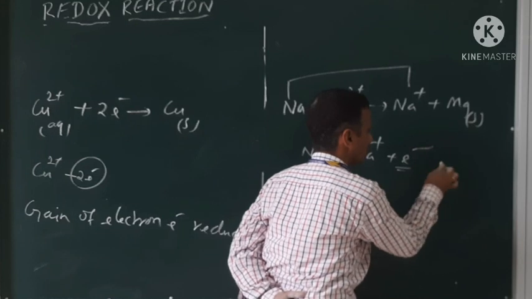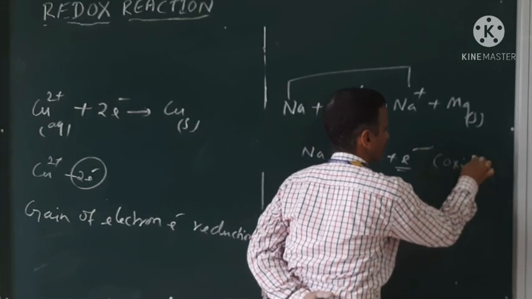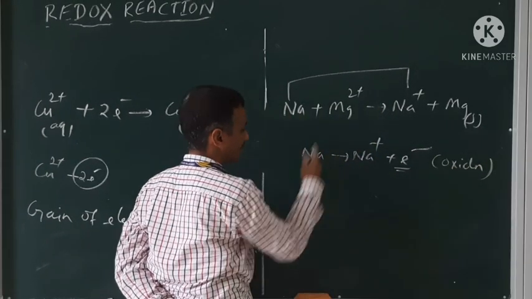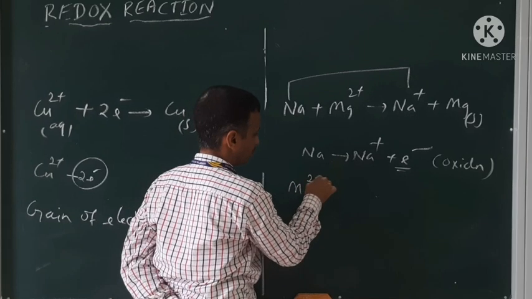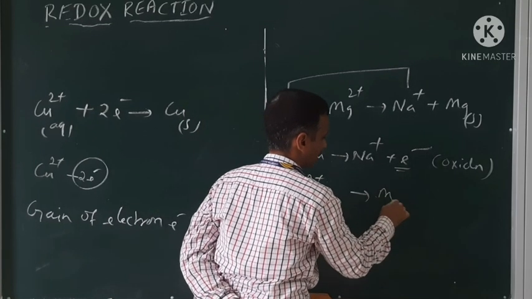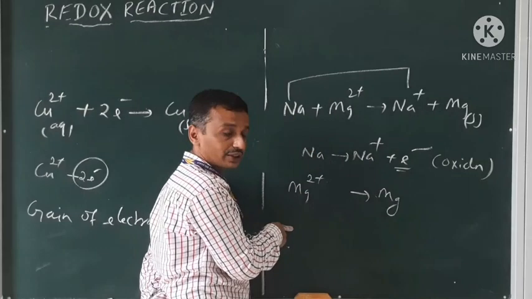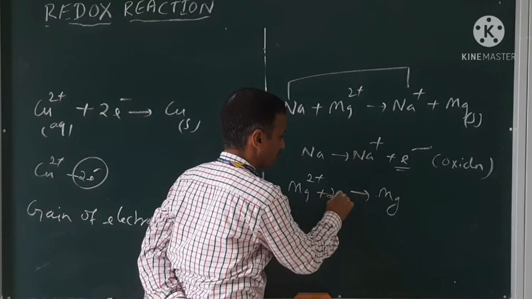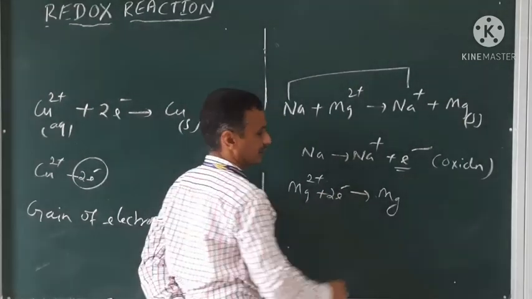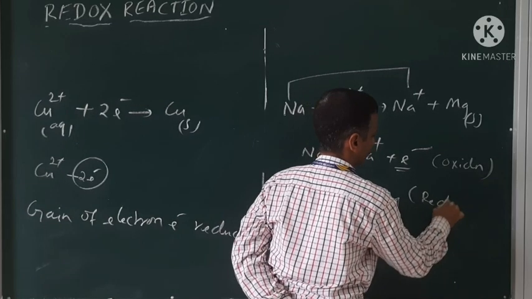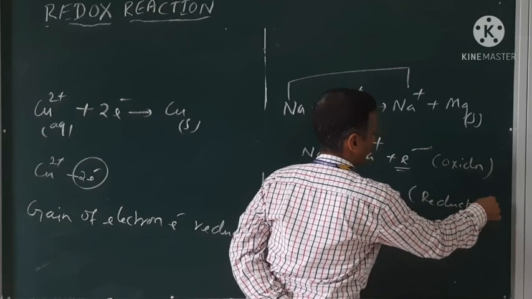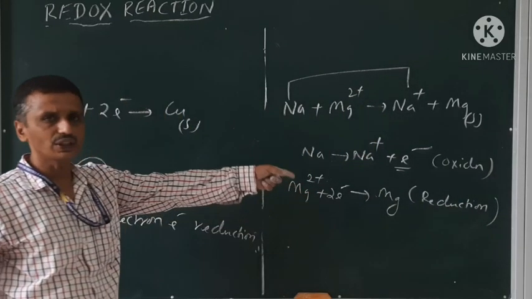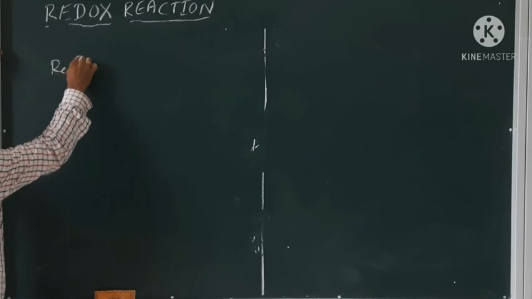There is a loss of electron, so it is oxidation. On the reactant side there is a magnesium 2 plus ion, and on the product side there is magnesium. This conversion takes place by acquiring 2 electrons. Gain of electron is reduction.